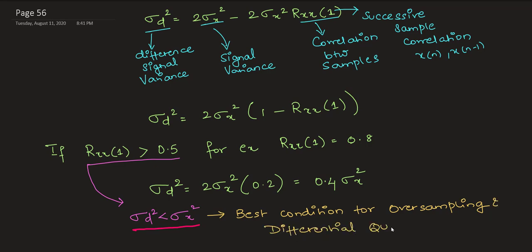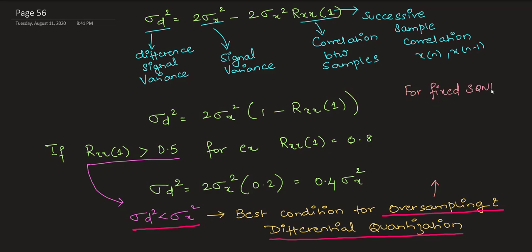And I would say the second thing is your sigma d square is also better. Since the variation is happening in the difference signal, this reduction of variance will lead to better quantization or better approximation. Good. And that is happening at a lower bit rate.